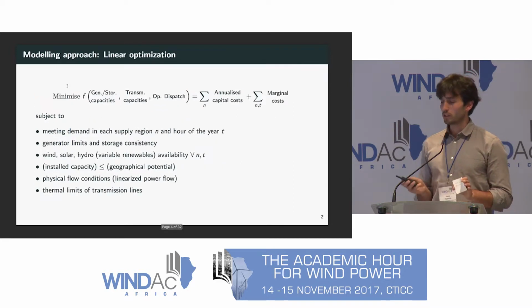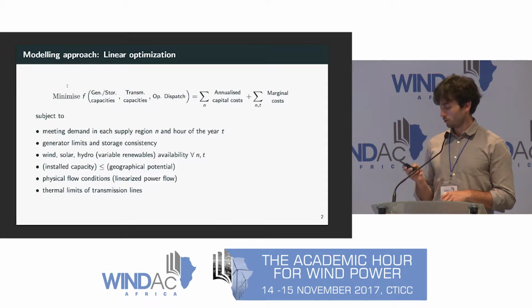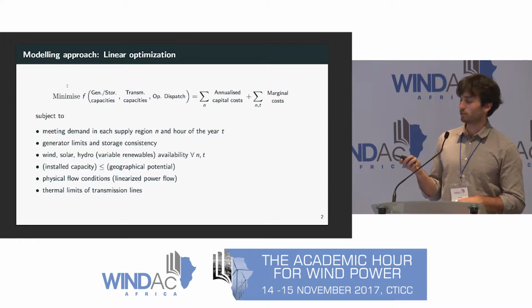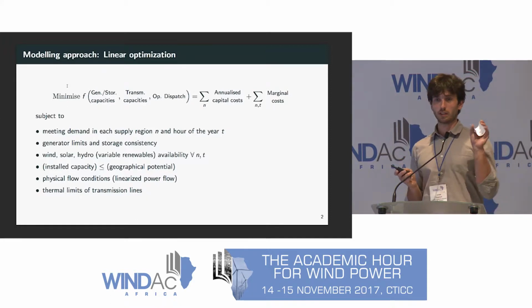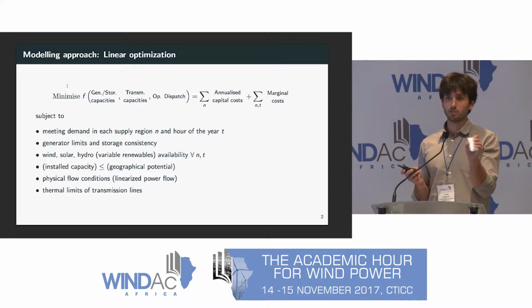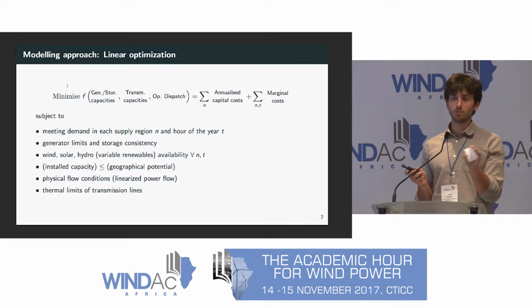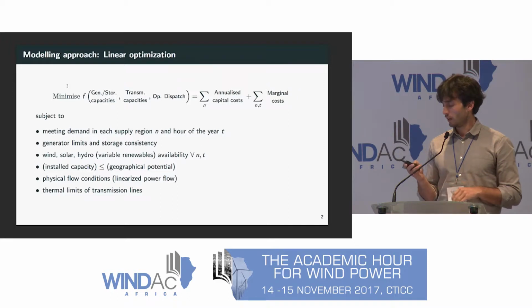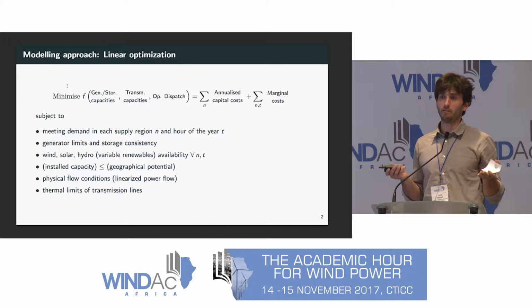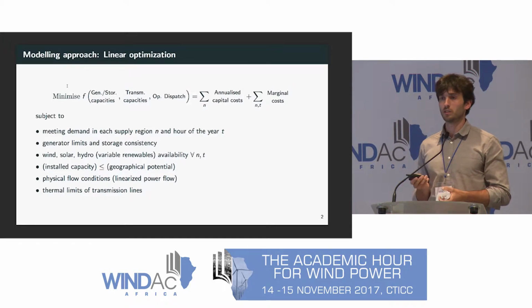So a bit more precisely, we want to minimize the total costs of the system, which are composed of a capital part, which is not time dependent. You just pay to have the capacity of wind turbines, of coal plants, and marginal costs, which are time dependent. Do I burn fuel or not?